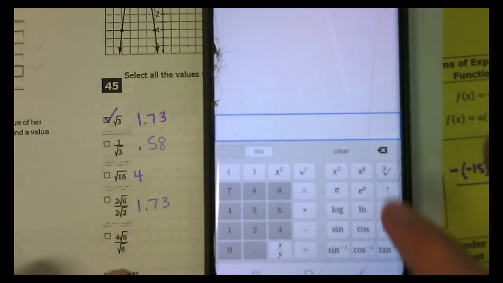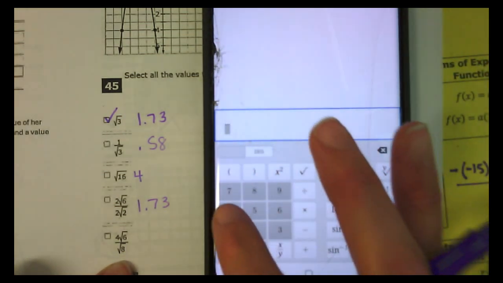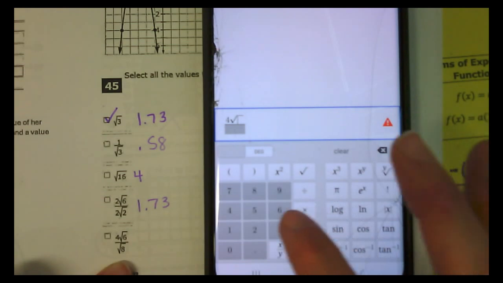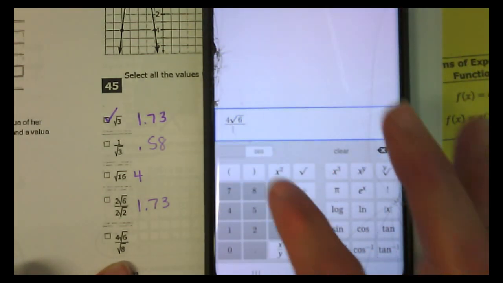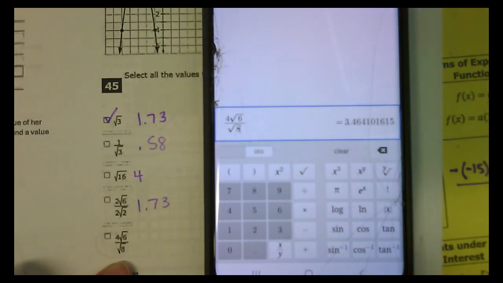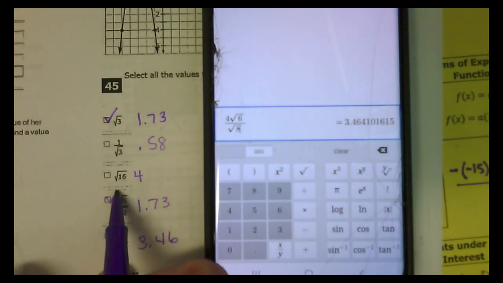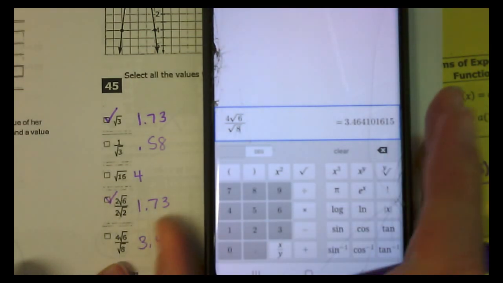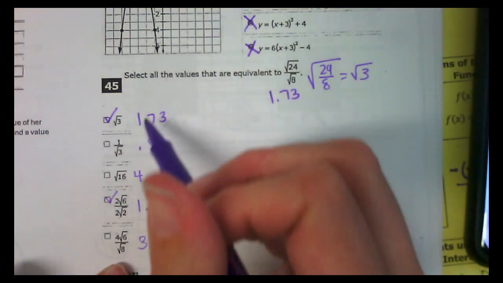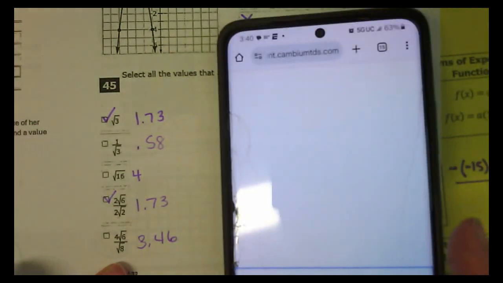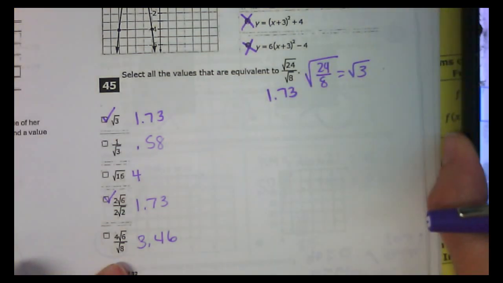And then down here, I've got 4 times the square root of 6, and then the square root of 8. So I've got 3.46. So this one is my only other one that worked. Those are going to be my 2 choices. So use your calculator to help you if you forgot your radical rules.